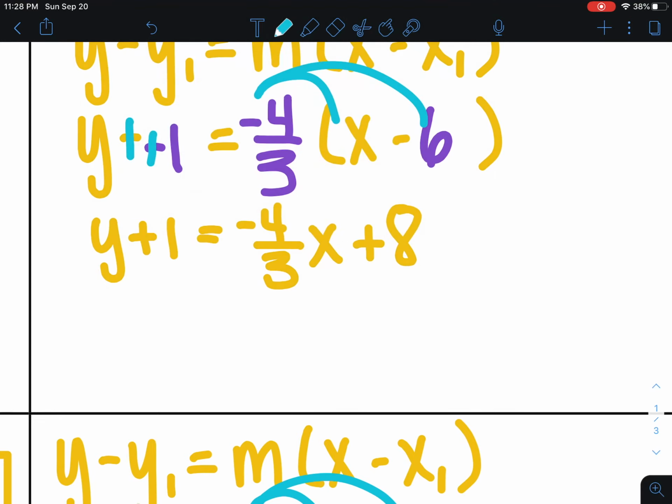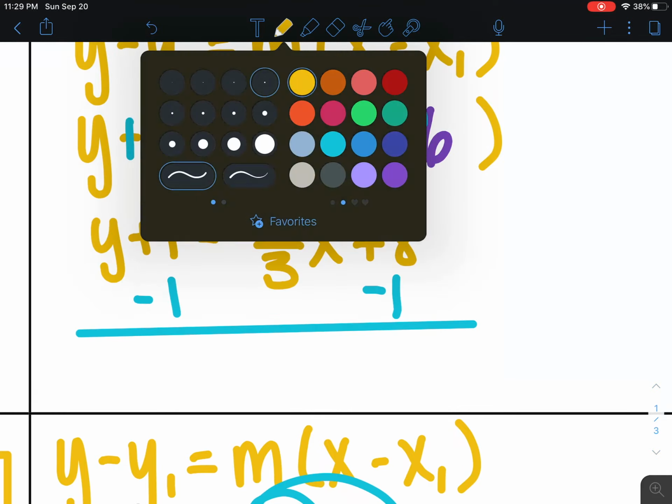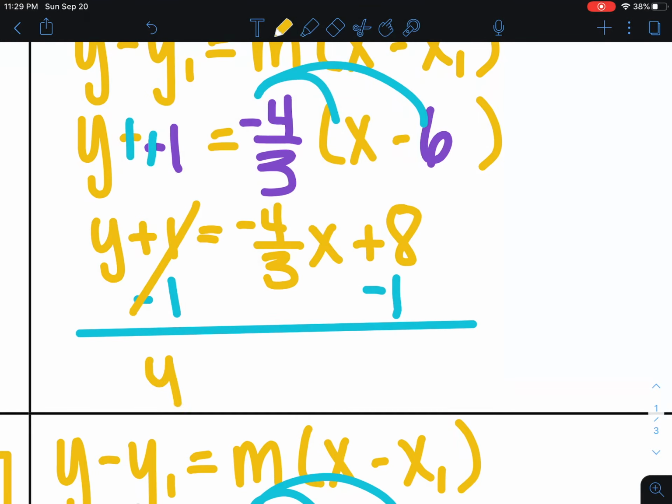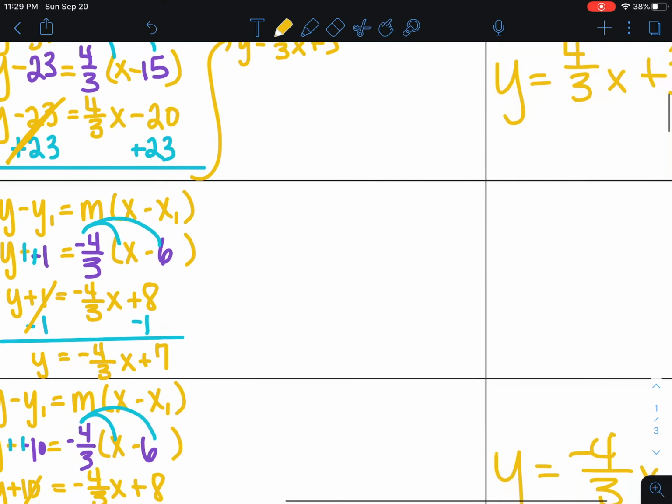Get rid of that plus 1 that's next to the y by subtracting 1. And that's going to leave us with y by itself, of course, equals negative 4/3 x, and then positive 7, so it's plus 7. So y equals negative 4/3 x plus 7.